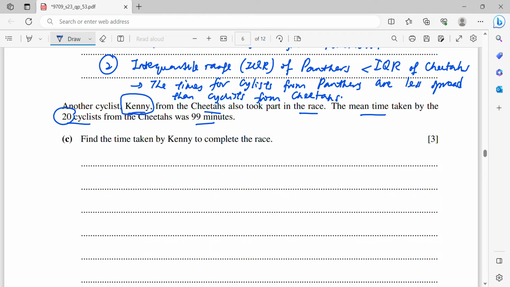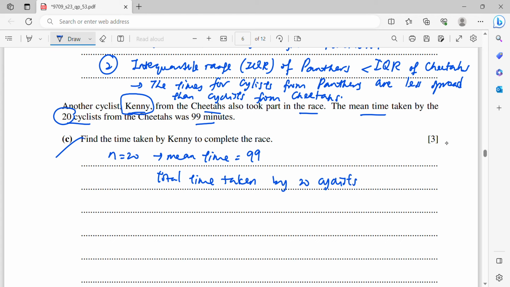So now find the time taken by Kenny to complete the race. When n equals 20, the mean time is 99. So from here I can say that the total time taken by 20 cyclists will be 20 times 99, which is 1980 minutes.